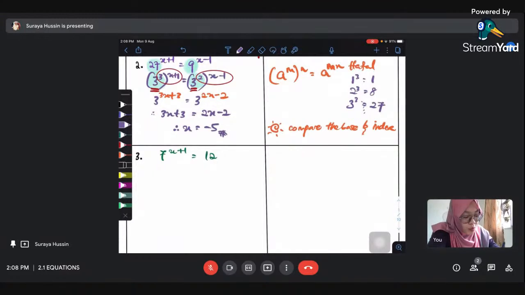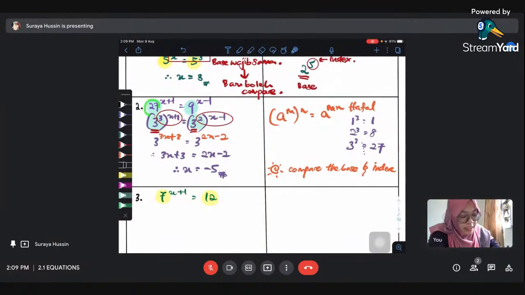So now dekat sini, you were wondering, oh miss, macam mana saya nak compare ni? The base is not, bukan nak kata not the same. Yes, they are not the same, but can you change them into the same base? Can you change them into base yang sama macam mana yang kamu buat tadi dekat sini? Yang ini boleh change to base 3, tetapi yang ini kalau kamu fikir lagi, you guna calculator or somehow, you cannot find a mutual base left and right.